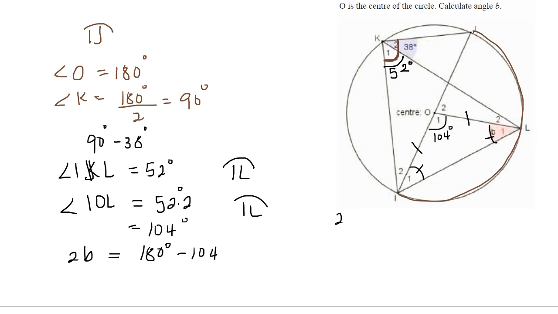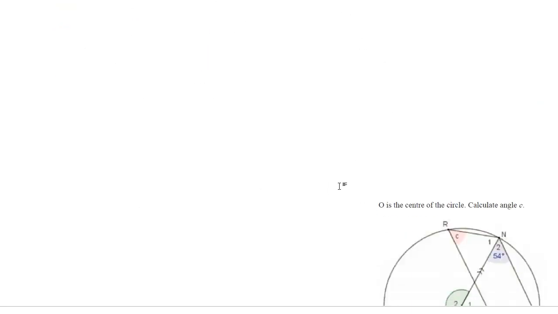Such that 2B is equal to 180 minus 104, then we have 76. We divide both sides of the equation by 2, then B is equal to 38 degrees. 76 divided by 2: 7 divided by 2 is 3, 16 divided by 2 is 8. Let's try another.